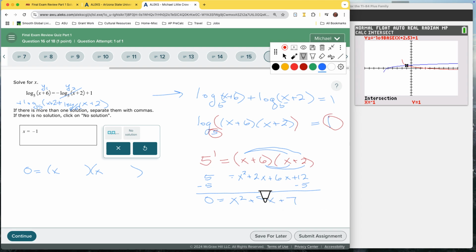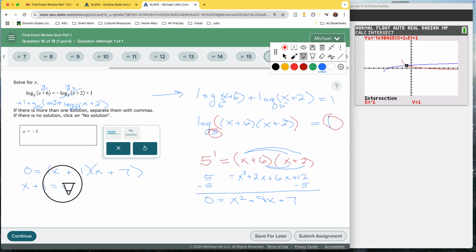That's looking much prettier because that now will factor, right? 7 is 1 times 7. And if you add 1 plus 7, you get the 8 that's in the middle. Okay, so this is all going to work now. So when you have two things that multiply that give you 0, one or the other is 0.